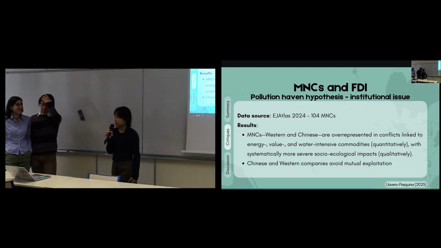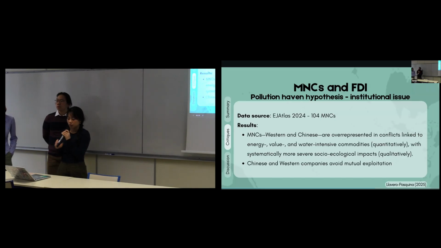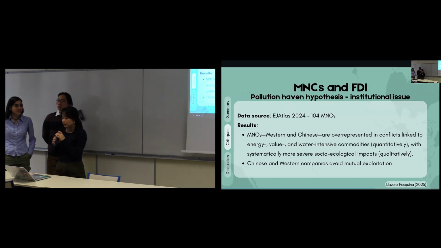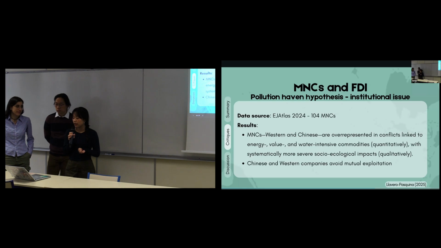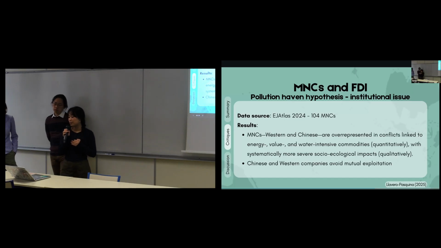So we found a paper by this author with a data source from EHESS. I think many of you know this one. They analyzed more than 100 multinational corporations, and they found that Western and Chinese capitalism are overrepresented in conflicts linked to energy, land, and water-intensive commodities, with systematically worse social-ecological impacts.